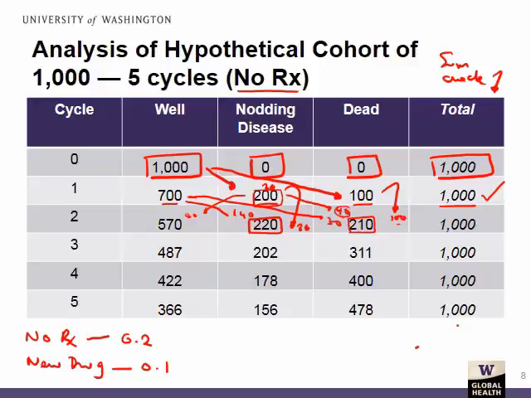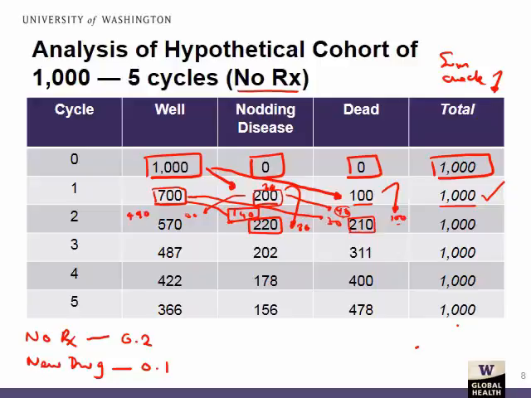Now let's account for the well state. It started out with 700 people in the well state, and we lost 70 to background mortality. We remained with 630. And then, in addition to that, we lost another 140 because they got disease. So 140 plus 70 is 210. So the balance would be 490.